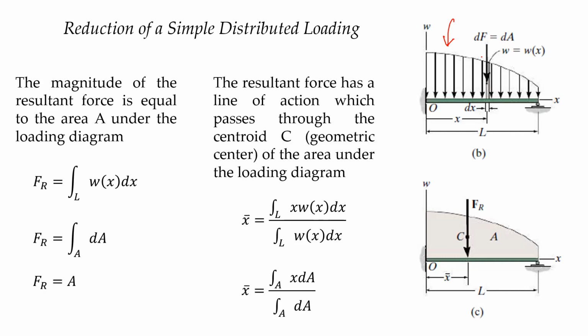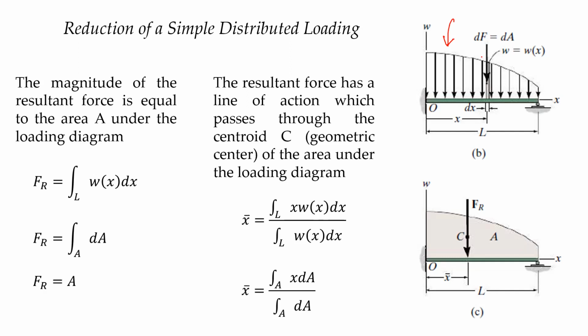To locate the force, the resultant force has a line of action which passes through the centroid C, which we call the geometric center of the area under the loading diagram. To calculate that, x bar is equal to the integral of x times w of x dx, integrated over the entire length, divided by the integral of w of x dx, also over the entire length.